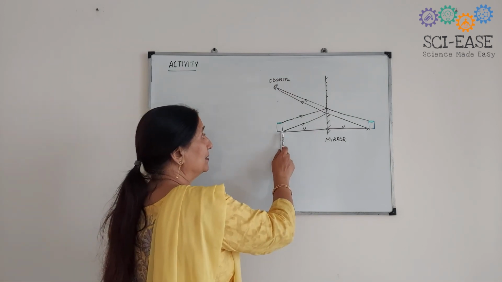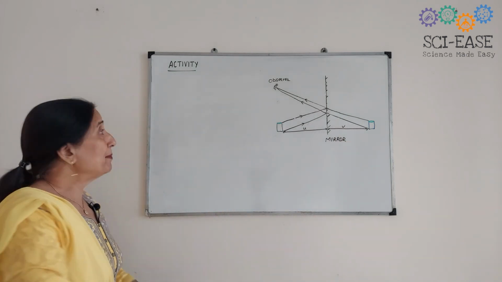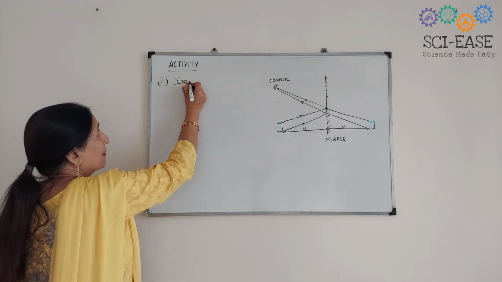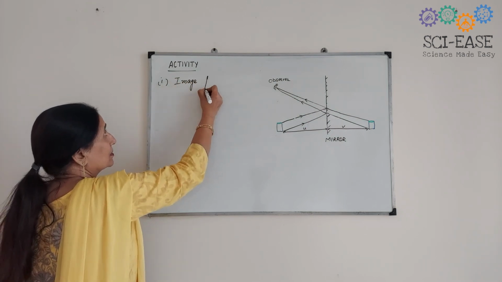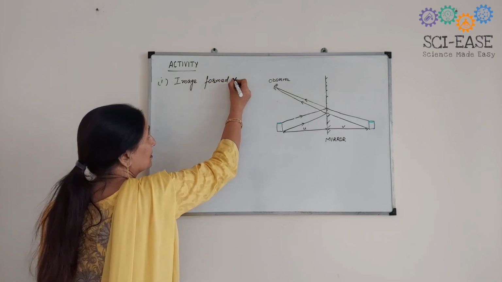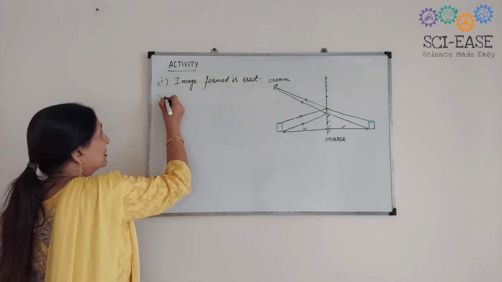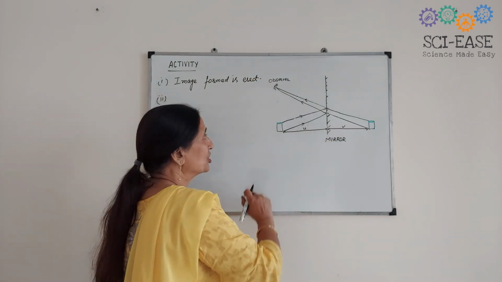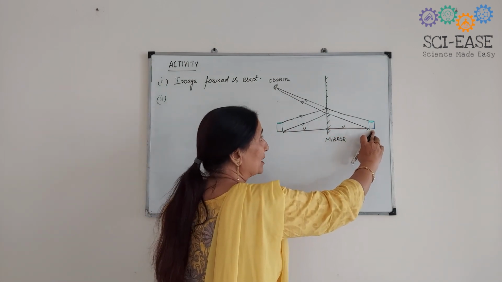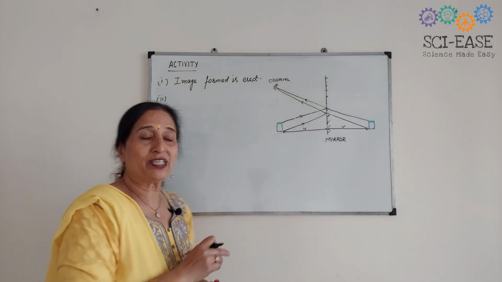Here the image formed is erect. Second, about the size of the image. The image of the paint bottle, the size of the image, will be the same as that of the object.